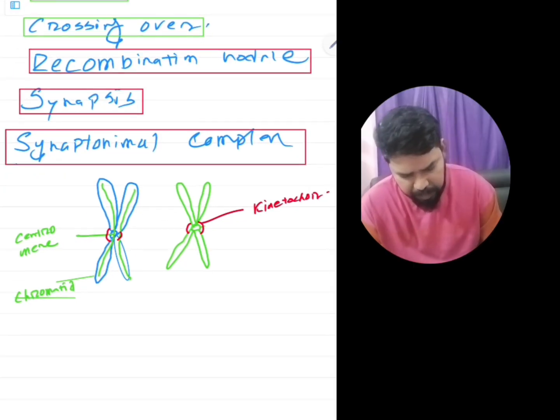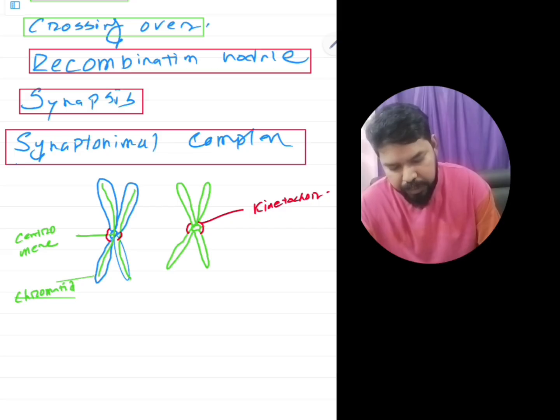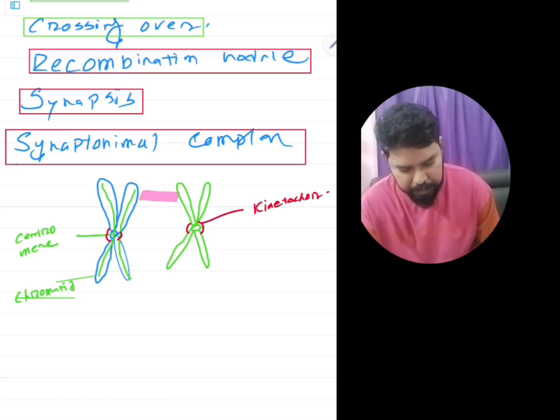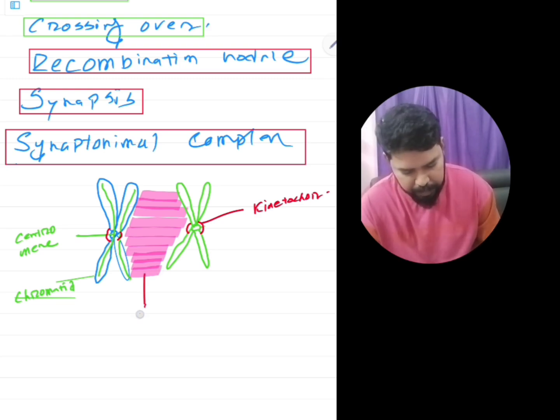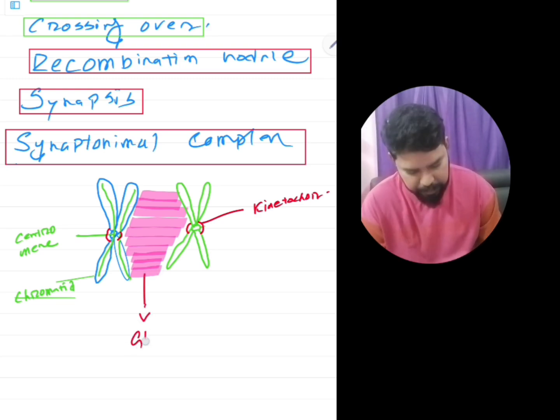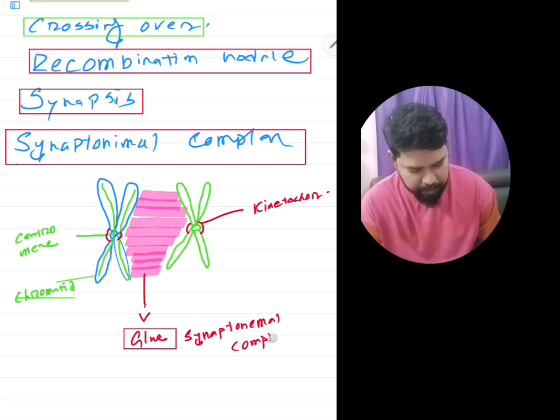Now, during meiosis 1, I will mention the synaptonemal complex. That synaptonemal complex acts as a glue, or you can say adhesive.